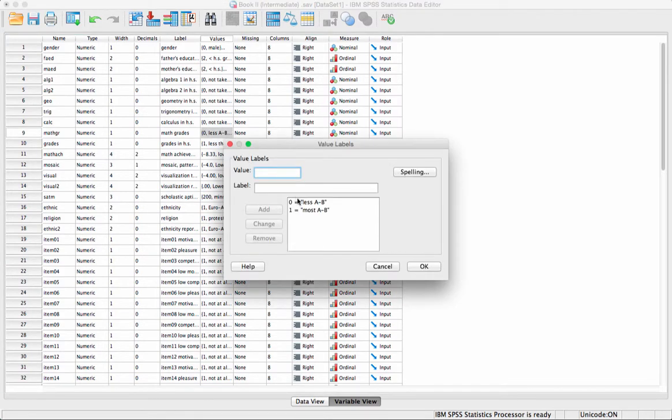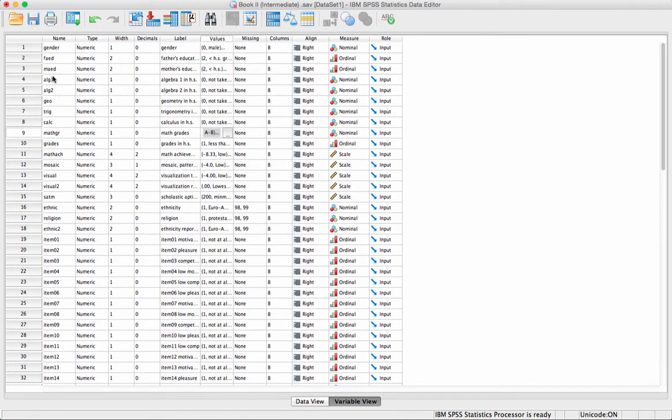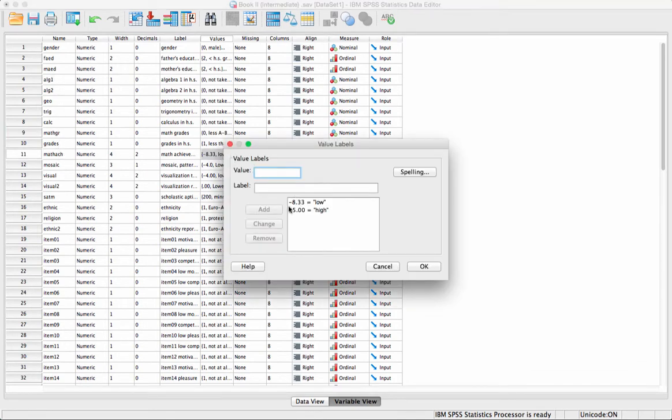In this case, math grades are also categorical and defined as less than AB and mostly A or B. And our dependent variable is our math achievement scores, which range for this particular assessment from negative 8.33 to 25.